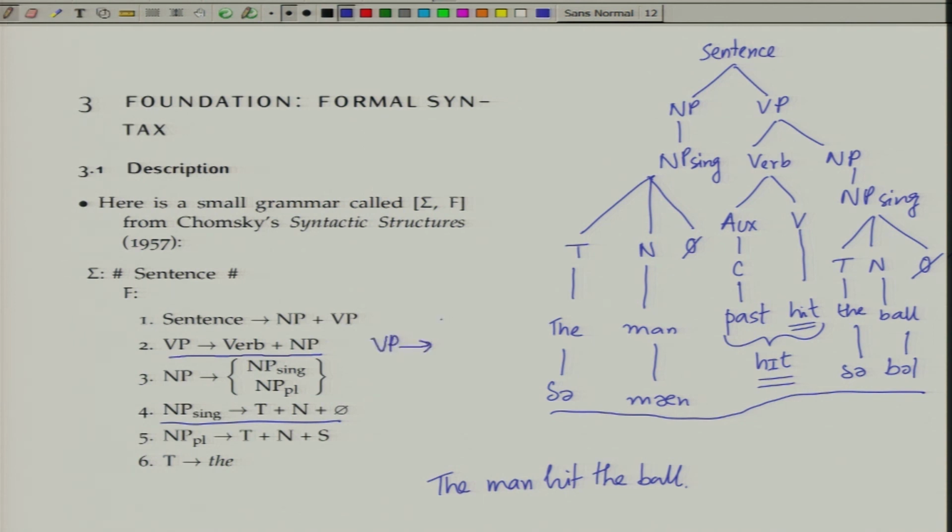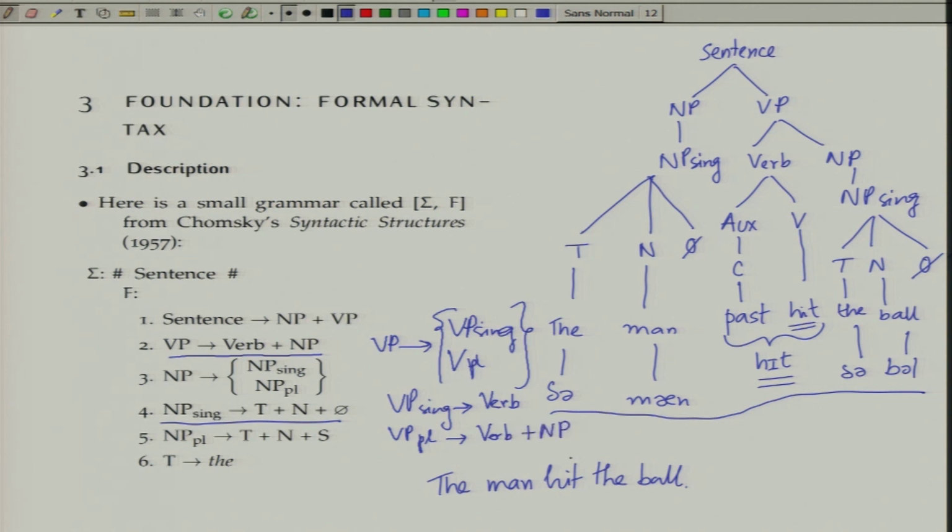We could have said that VP goes to VP singular like NP singular and VP plural. And then we could have said that VP singular goes to just verb and VP plural goes to verb plus NP.